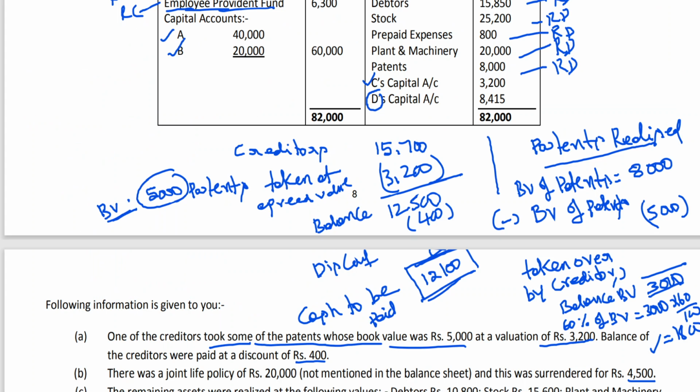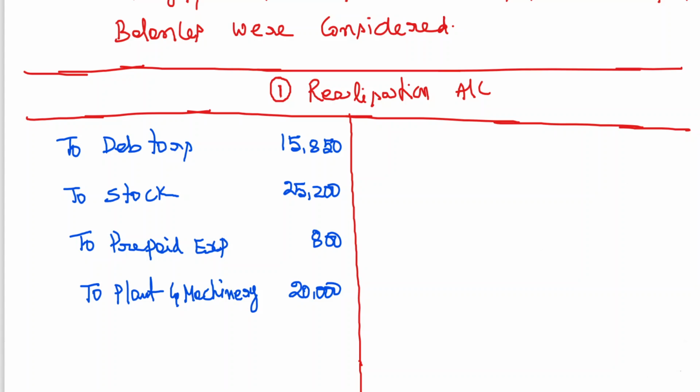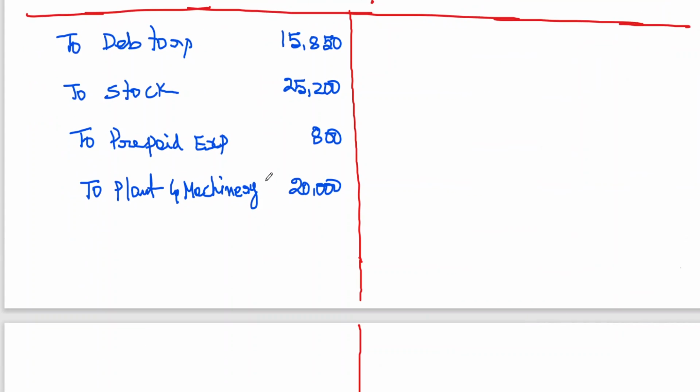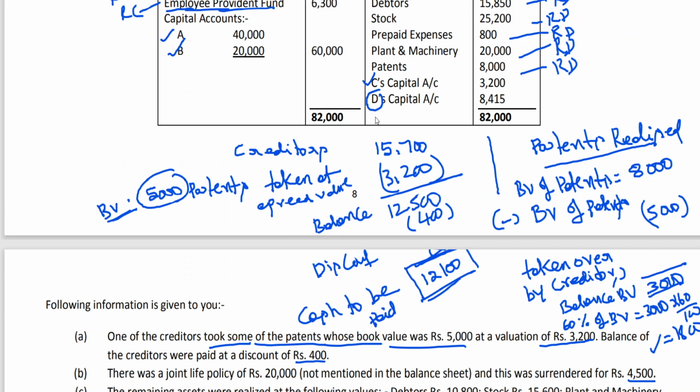To patents 8,000. These capitals, and these two capitals we already opened, will be taken to the partners' capital account.